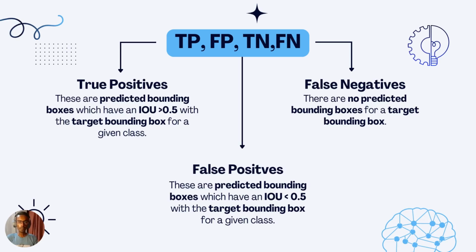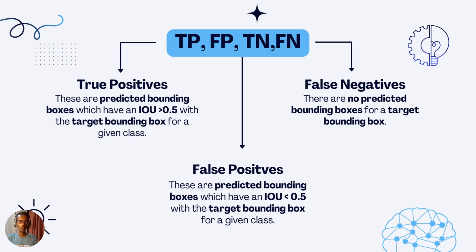So how do we use these values in object detection? True positives are just the predicted bounding boxes which have an IOU greater than 0.5 with the target bounding box for a given class.